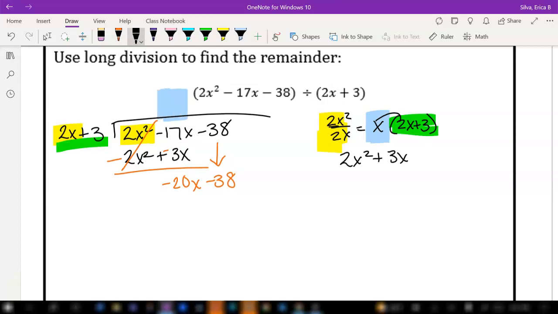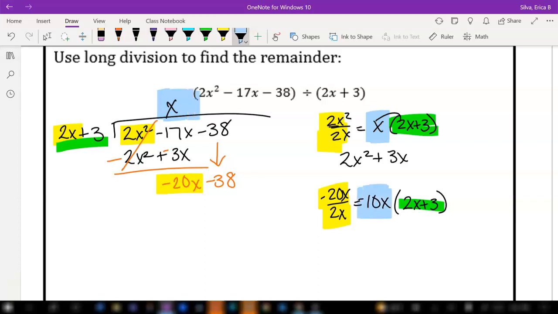Now this one up here is going to be x. And then we're going to do the process all over again, except we're going to use negative 20x over 2x. This is negative 10x. And then we multiply it by 2x plus 3. Oops, it's just negative 10.